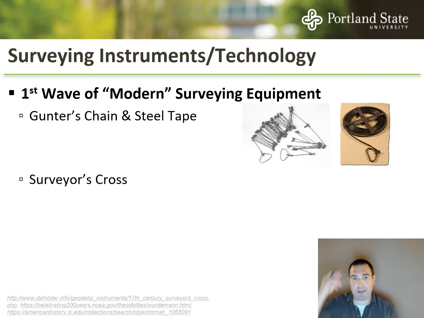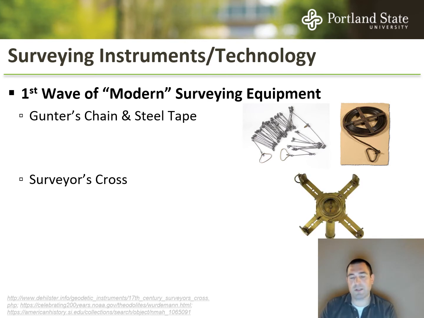Again, it's been around since really the turn of the 20th century in earnest, so it's been around for quite some time. There's a surveyor's cross that I mentioned before, kind of an advancement on that ancient Egyptian tool that I showed you before, a way of using sights to identify orthogonal directions, because oftentimes when we're doing land surveys, property surveys, a lot of that has to do with right angles.